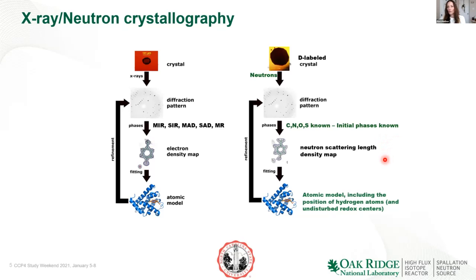And then refinement software like Phenix Refine has been very well developed to handle refinement against neutron data. The model that we obtain again includes all the atoms, so we have the positions of hydrogen and deuterium atoms. And if we are looking at a metalloenzyme, then we look at metal centers that are unperturbed.